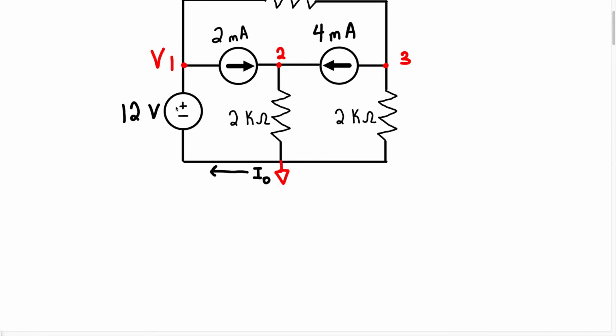Therefore, V1, which is the voltage at node 1, is going to equal a positive 12 volts because of the polarity of this voltage source. Now, this is not our answer, but I'm just going to circle it because it might be helpful to us, right? So we know V1 equals 12.